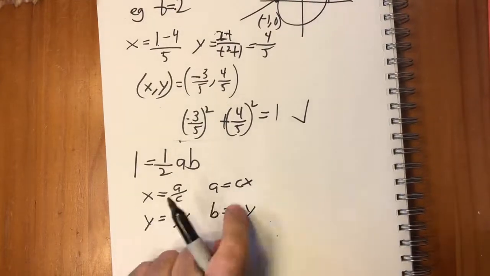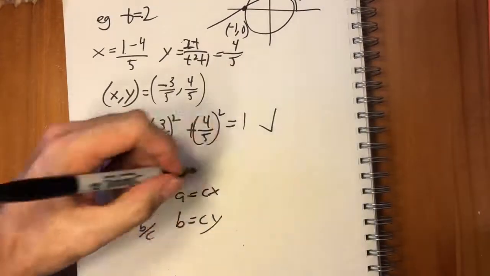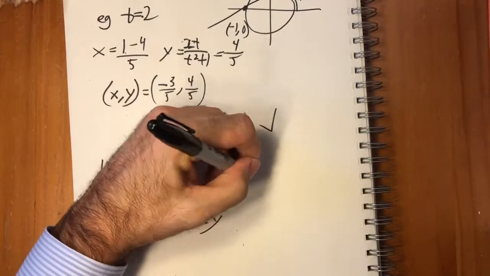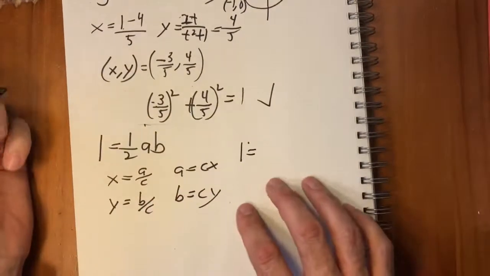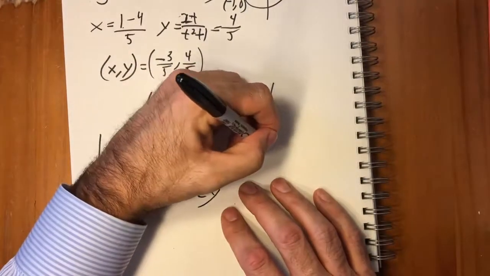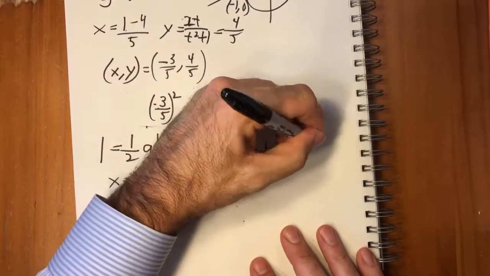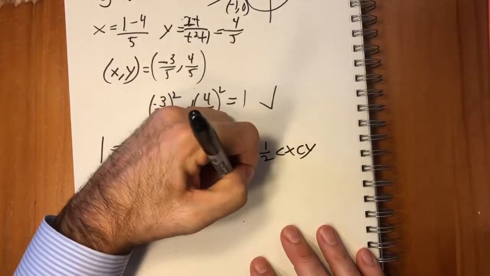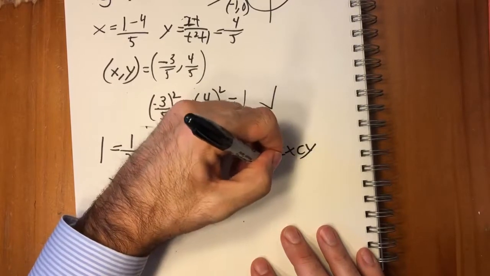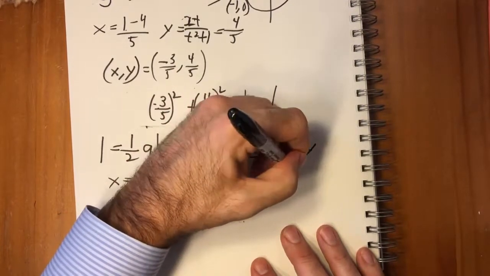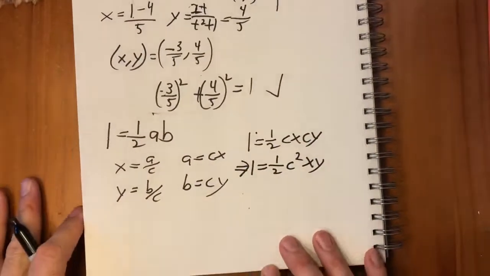Okay, so then if we plug these back into the area equation, we get 1 equals 1/2 cx cy. 1 equals 1/2 c squared xy.